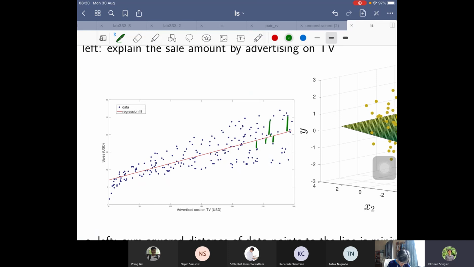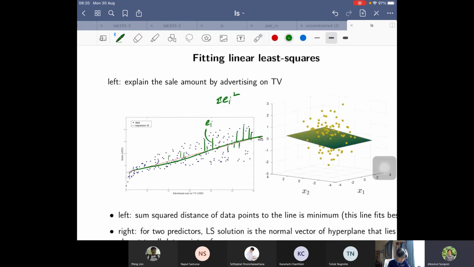So you're going to measure the error, this error is e_i, and then you square it and take a summation. So the red line, the regression fit, is actually the best balance, the best one that lies between all the error points in an optimal sense. And we use that optimal sense in terms of the two norm.